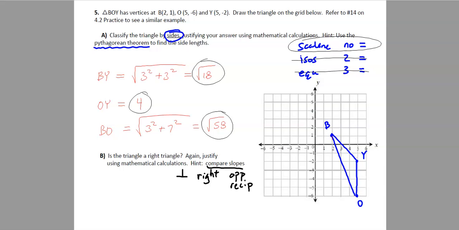So when I look at BY, BY has a slope of -1. YO has a slope that's undefined because it's a vertical line. And BO drops 7 and runs 3 to the right. So none of those slopes are opposite reciprocals. So no, it is not a right triangle.